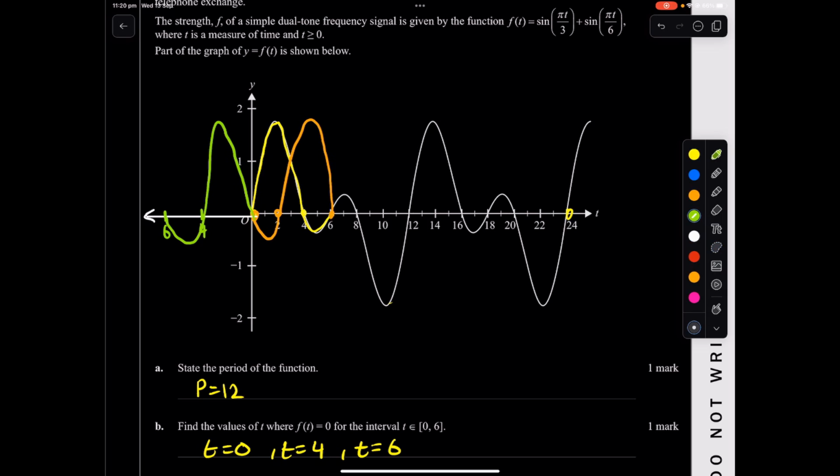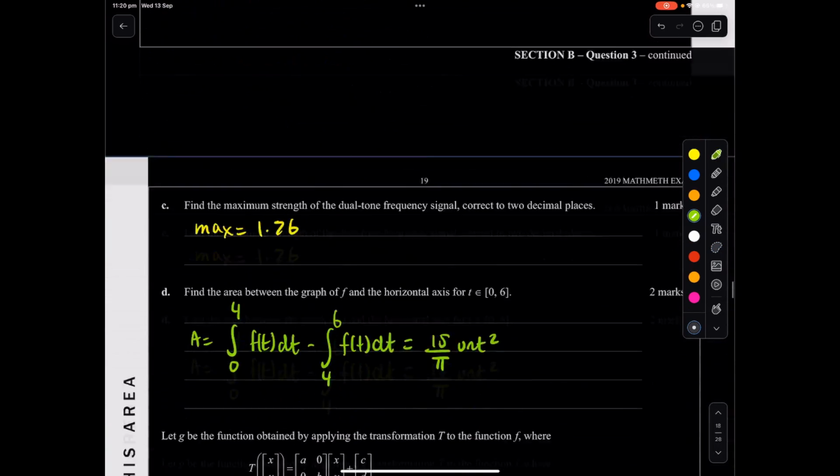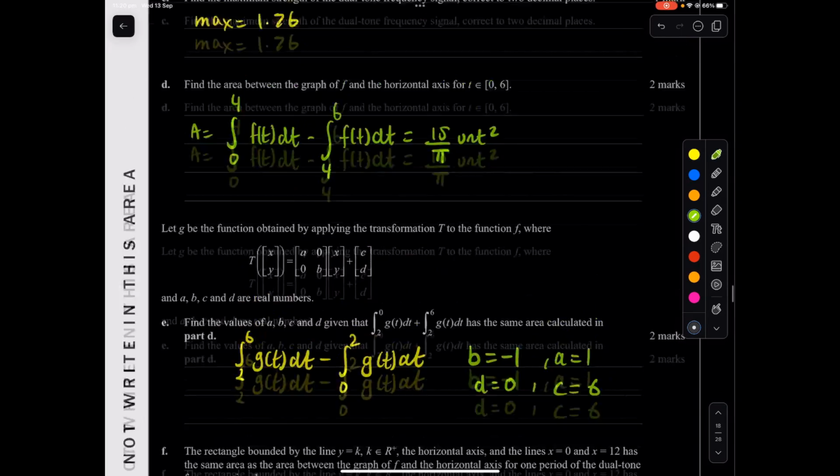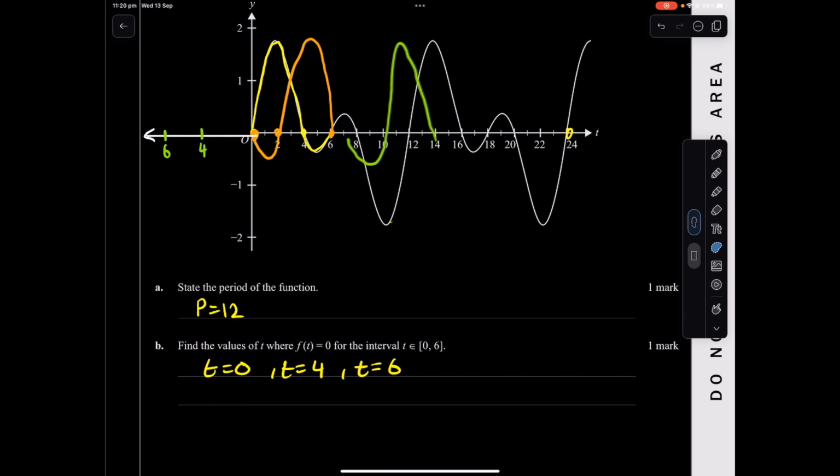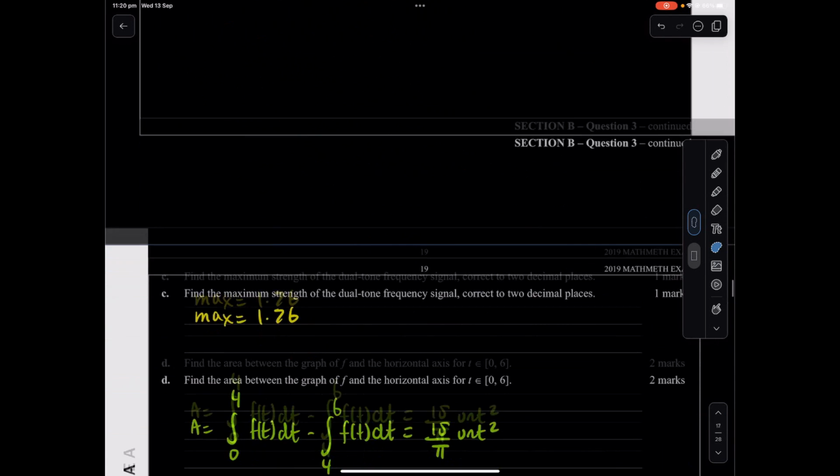Should we leave this as c equals 6? But that's only one of the solutions. It could have been translated to the right many times, like 18 units, and we could have got this over here. So this is where we need to be careful.